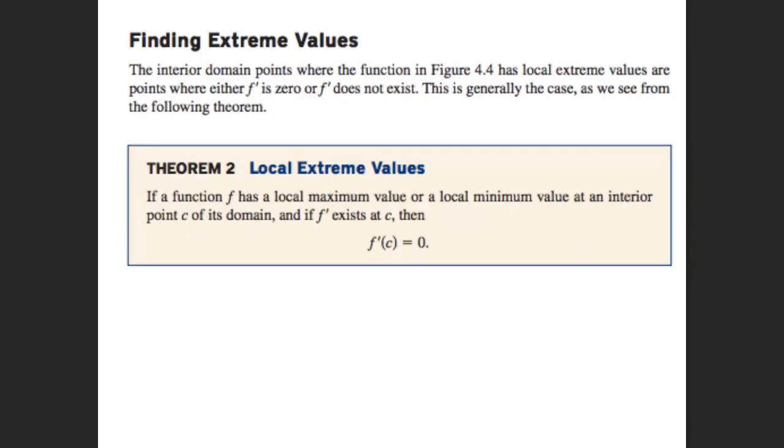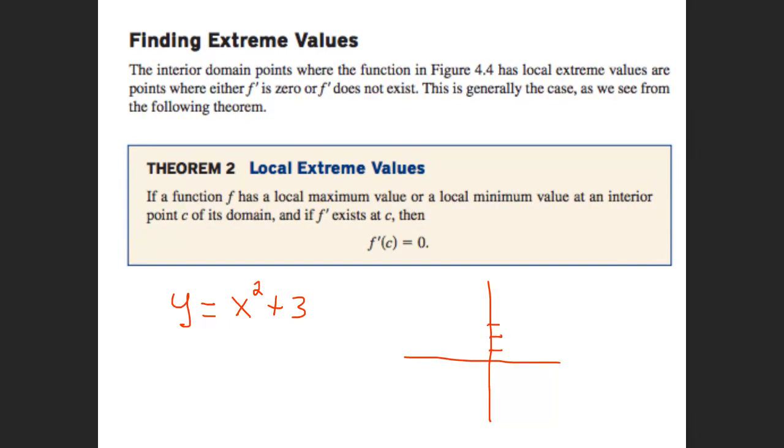Now, to find extreme values, let me give you just a real simple equation. y equals x squared plus 3. So we know that this graph looks like this: 1, 2, 3.